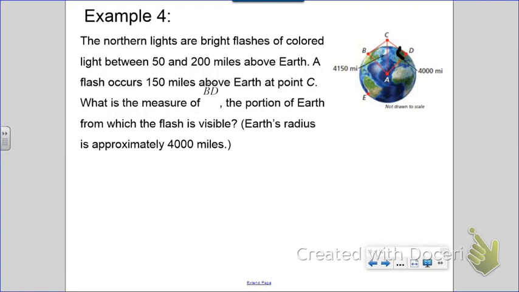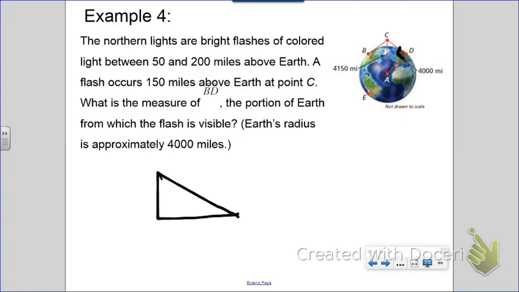So in order to find the measure of the arc, we need to know the measure of the angle. One of the ways we could do this is, given the two sides, we could just make a right triangle. Once I know the measure of that angle, then the arc is going to be the same measure as the angle, because it's a central angle.